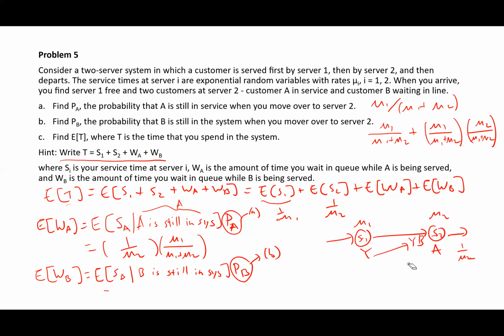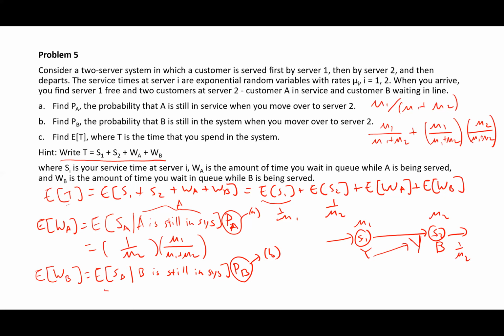And if we plug this in then, in this picture, if you're waiting behind B while A is getting served, that waiting time is already accounted for by WA, right? So really the picture you're talking about is when A has already left, and B is getting served at server 2, and you're waiting for server 2. The expected time you expect B to spend in that server is 1 over mu2.